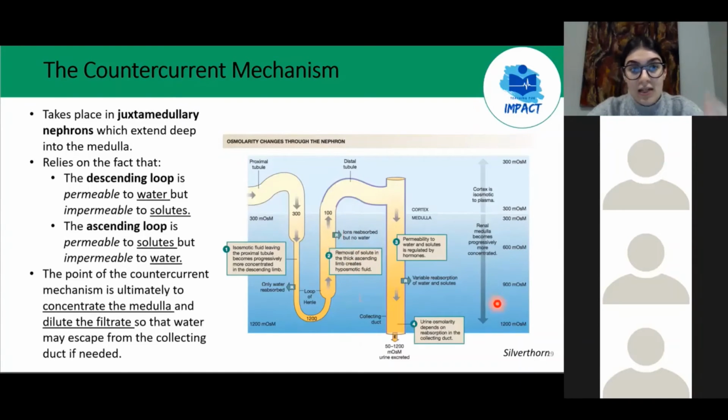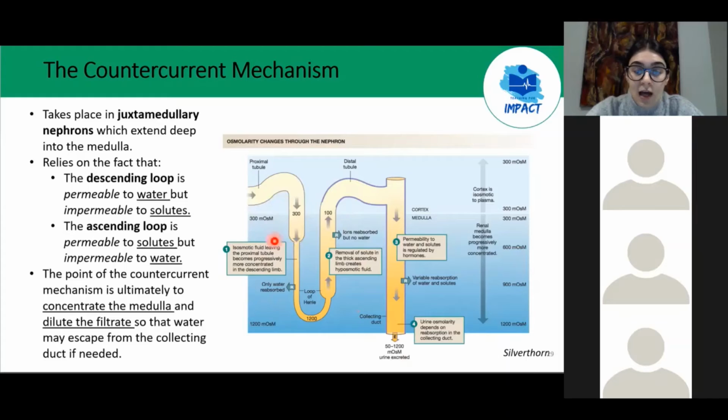So instead, in an attempt to counteract this really hyperosmotic medulla, water gets pumped out from the descending tubule instead. Remember, water can be pumped out of the descending tubule, but not the ascending tubule. As water moves out, the filtrate is getting steadily more concentrated, because water is being pumped out steadily along the tubule.